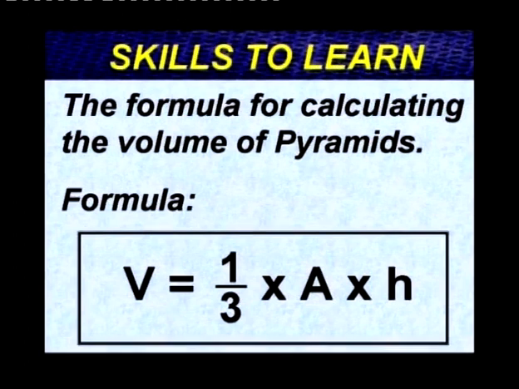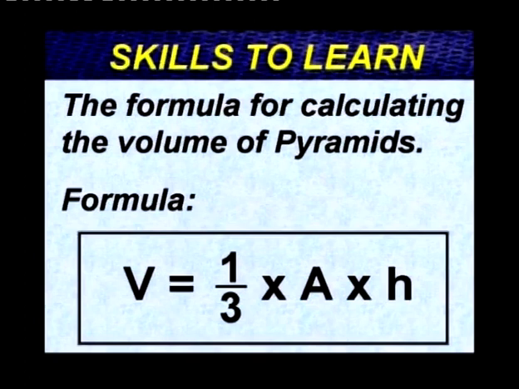The relationship together with that would be: the volume of a pyramid is 1/3, and the formula for calculating the volume of a prism is, who can tell us?